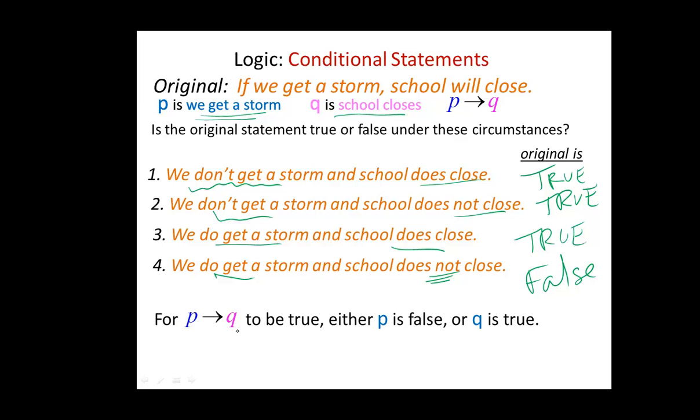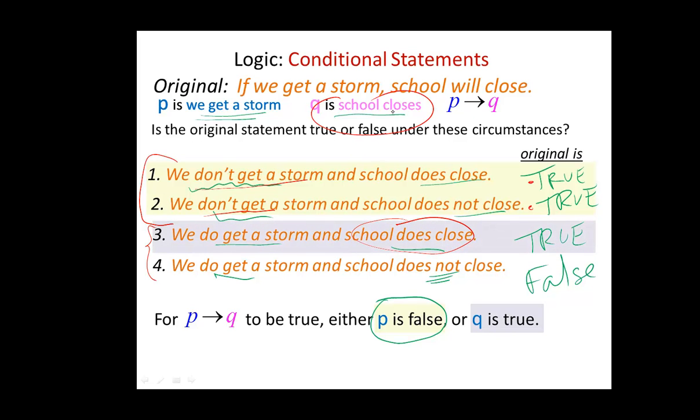For P implies Q to be true, either our hypothesis is false, which happened in our first two cases. This is where the hypothesis was false and we ended up with a true statement. Or if the hypothesis isn't false, putting us in the next two, in other words, if we do get the storm, then Q must happen.